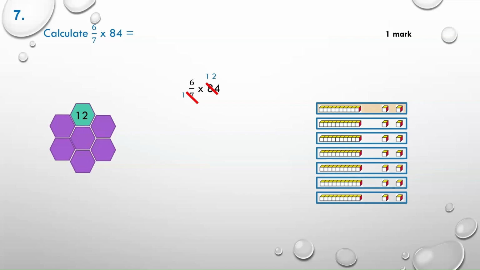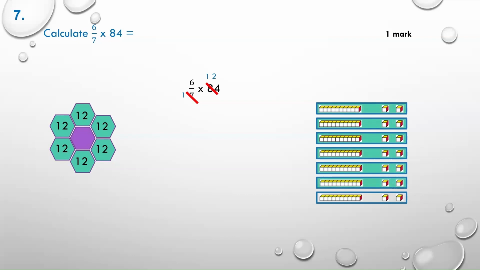6 of those parts. So we'll have 12, a second 12, a third one, fourth, fifth, sixth. 6 of those parts out of the 7 is what we're interested in. And that means we want 12 and 12 and 12, 6 of those, 6 twelves. That could also be shown on the right side, 1, 2, 3, 4, 5, 6, all turning green.